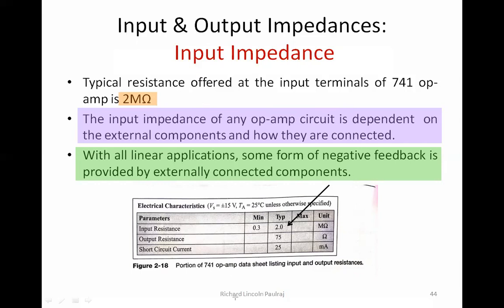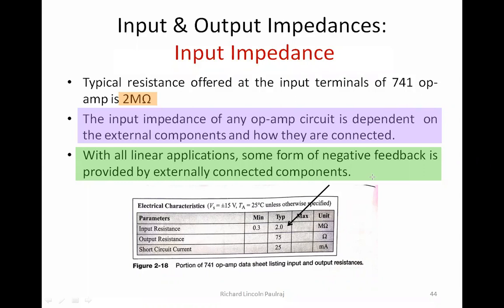So we have seen both the cases, right? Only with the wire and also with the resistance. Remember the voltage divider format, right? So that is what this is talking about. This negative feedback is provided by externally connected components. So not only just connecting a wire as negative feedback, but we are also using resistances. Remember yesterday we had R2 in parallel with R3, right? We had two resistances.